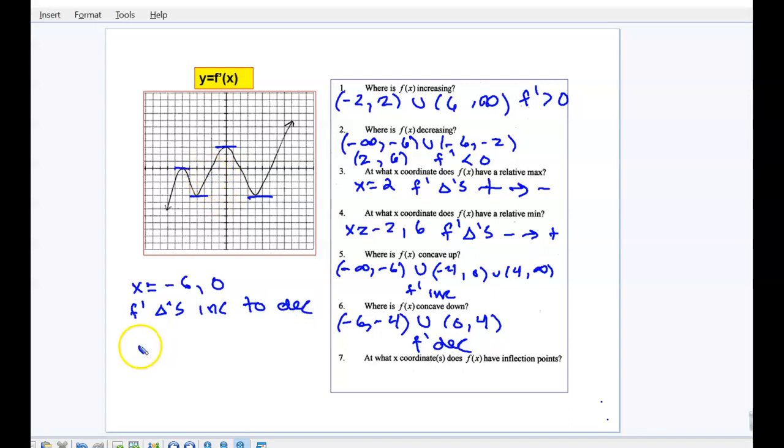And then at x equals -4 and at x equals 4, f prime changes from decreasing to increasing. And that would be your answer to number 7.